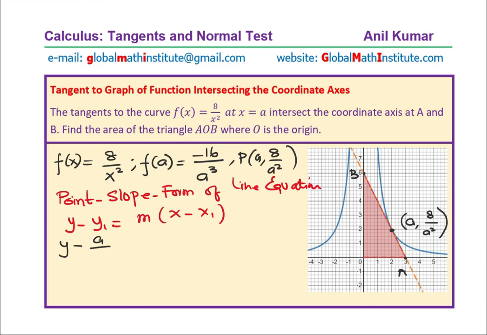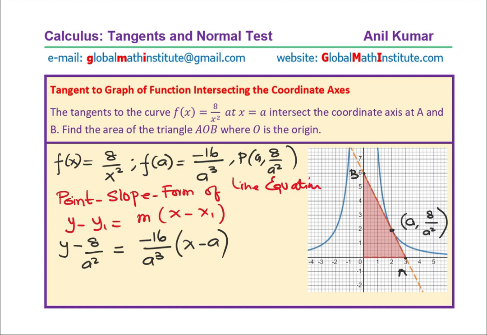So y minus the y value, which is 8 over a squared, equals the slope, which is minus 16 over a cubed, times x minus a.